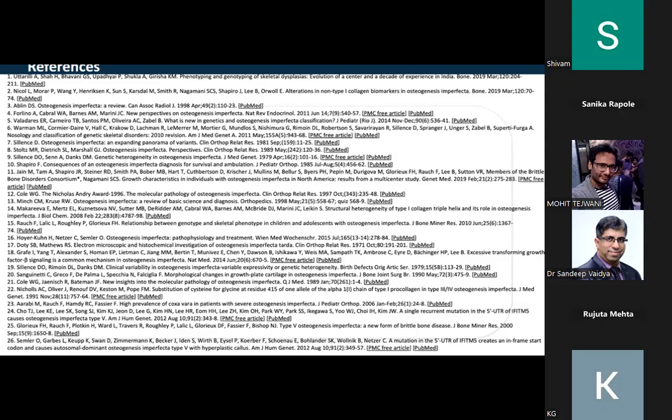We've had non-union years back, but at that time there was no talk of any bisphosphonates. It was an atrophic non-union of the distal humerus, bilateral, and we did free fibula grafting, which did succeed to some extent.